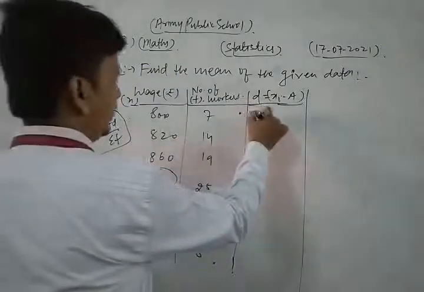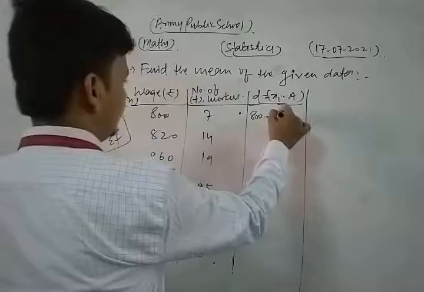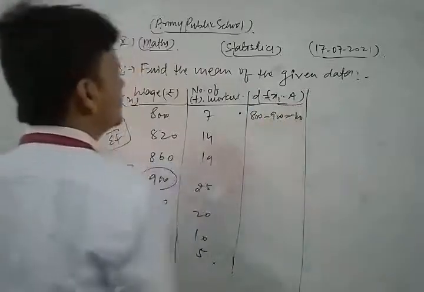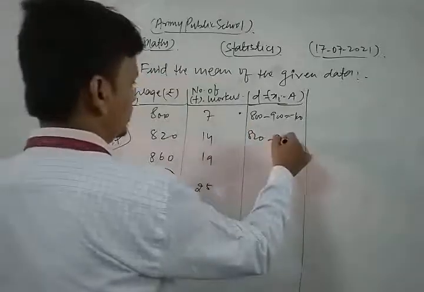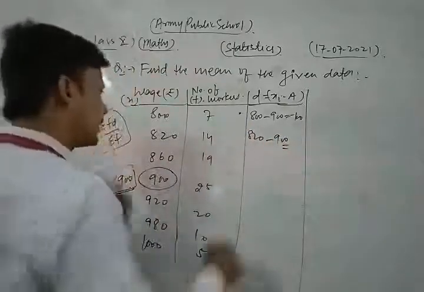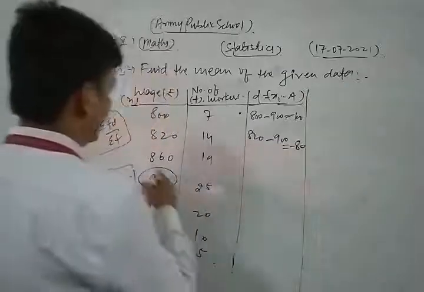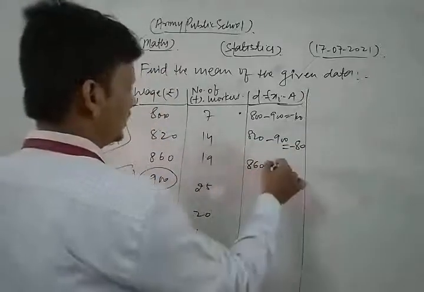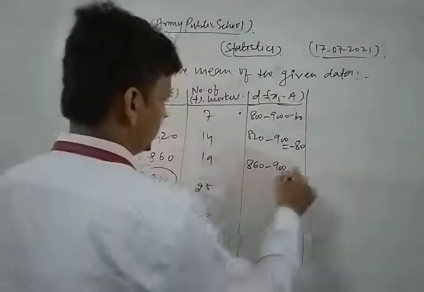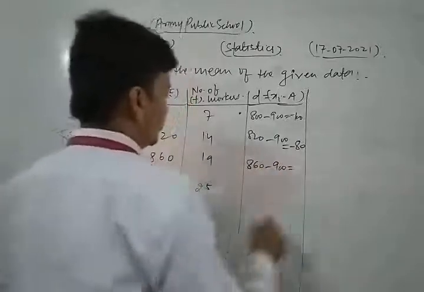So first we find the value of d for each x. We have 800 minus 900, which is minus 100. Now 820 minus 900 gives minus 80. Now 860 minus 900 is minus 40.